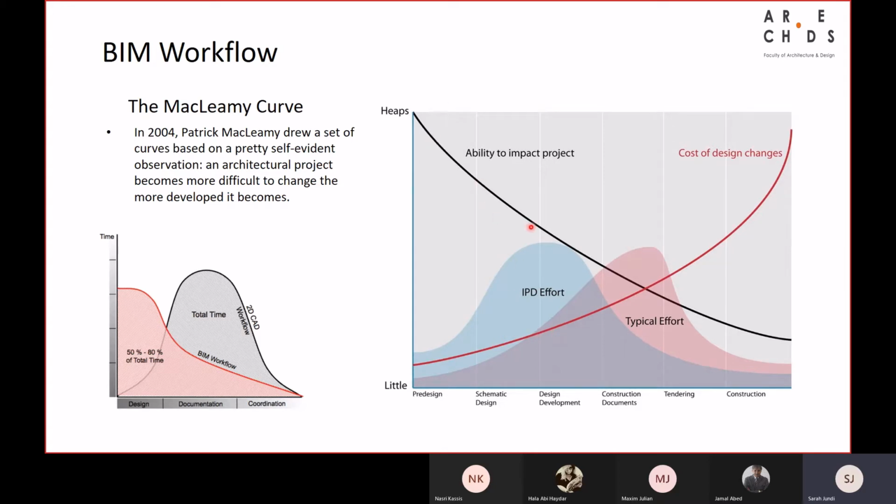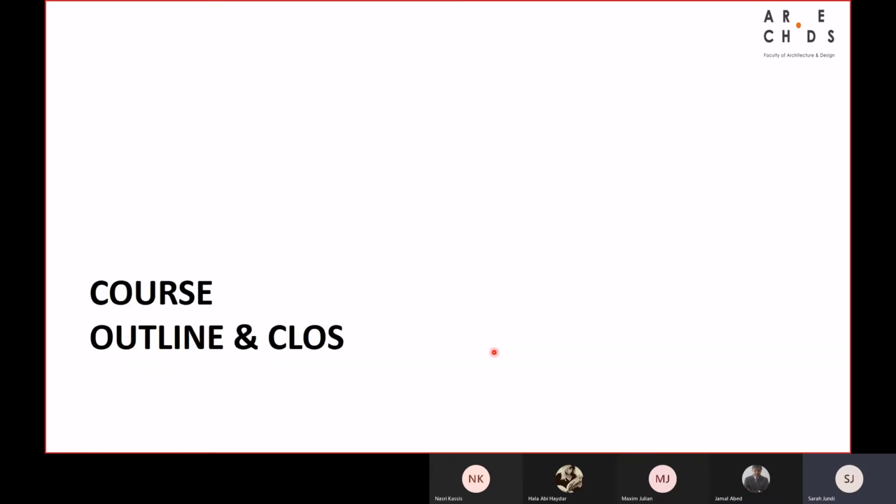So being able to put more effort in the early design stages and to detect problems and to have insight on the performance of the building will give us the opportunity to improve the building with little cost. So this is the whole idea from the concept of BIM, and we are trying to apply this in the academic course as well.